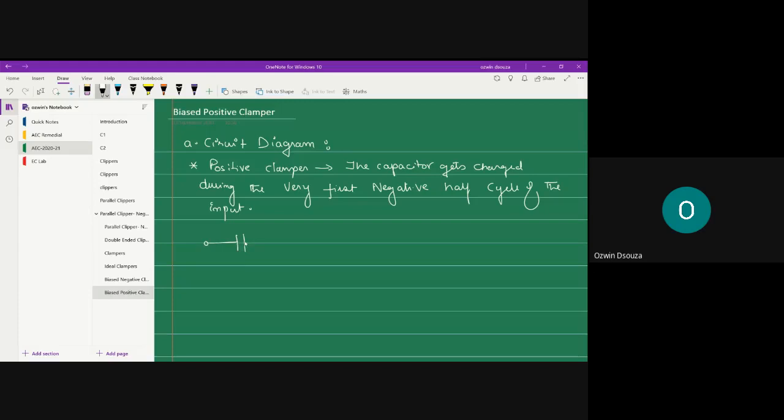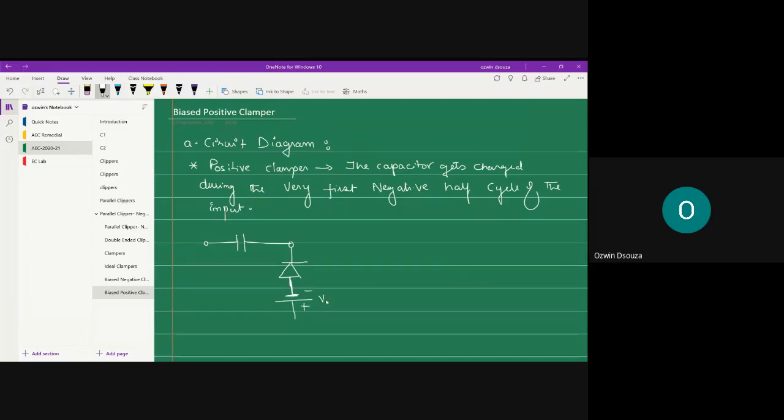So this is your capacitor. This is your diode. In case of positive clamper, I'm going to invert the diode terminals. Let me provide the reference source in this direction.